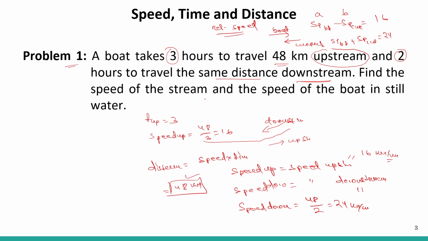So it is given to us that a minus b is equal to 16 and a plus b is equal to 24.